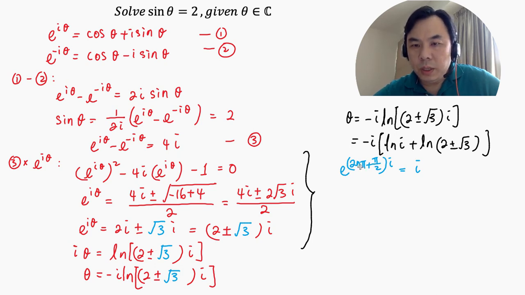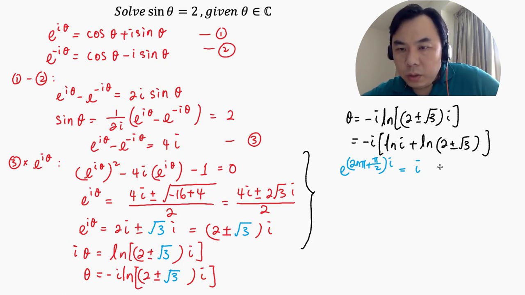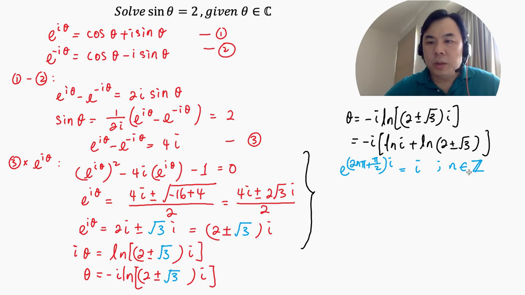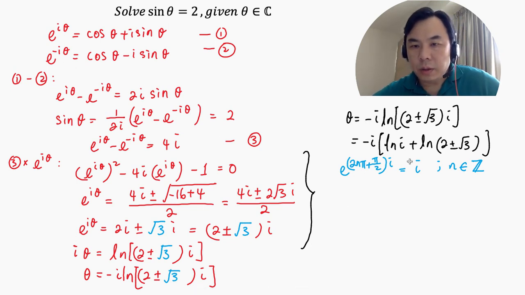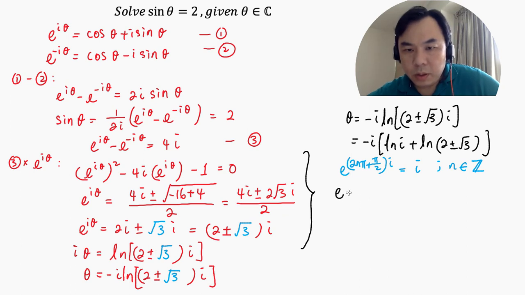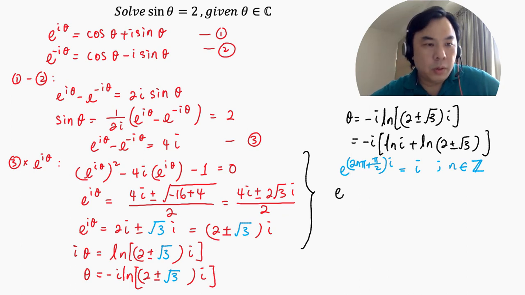I need to make a remark here where n is an integer number. So there you have it. Now we know that this Euler form represents the complex number i here. The reason why I use this is because I want to reduce my natural log statement.